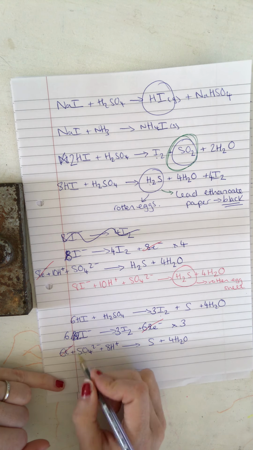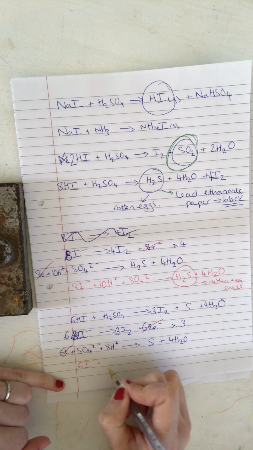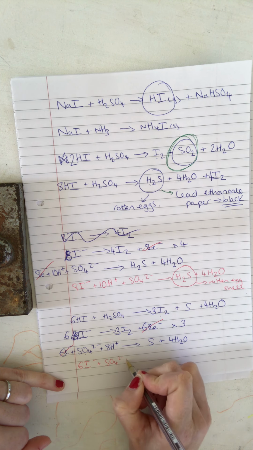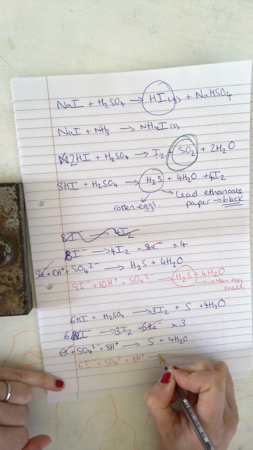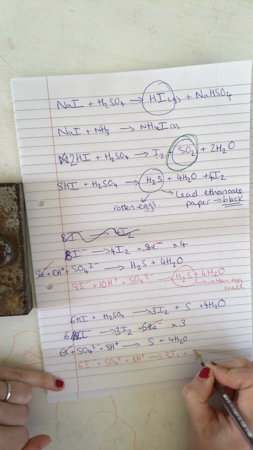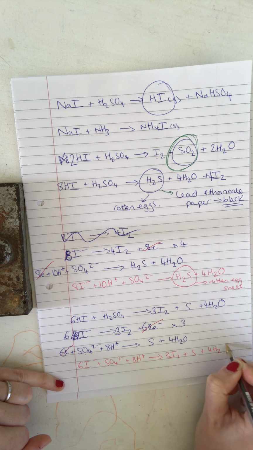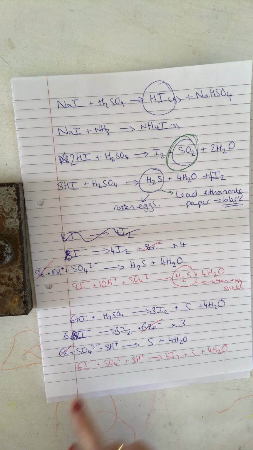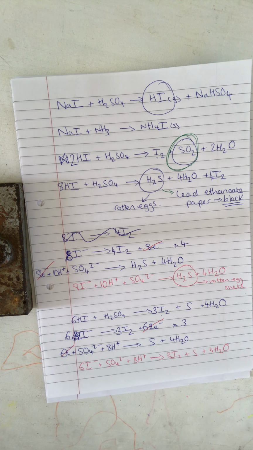Then we can combine, so 6I minus plus SO4 2 minus plus 8H plus gives 3I2 plus sulphur plus 4H2O, which is the ionic version of that.